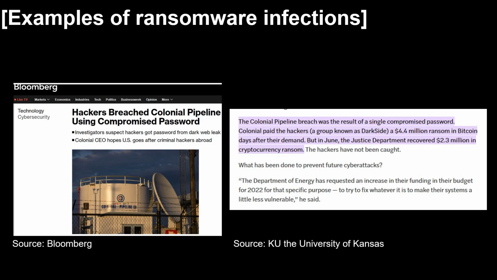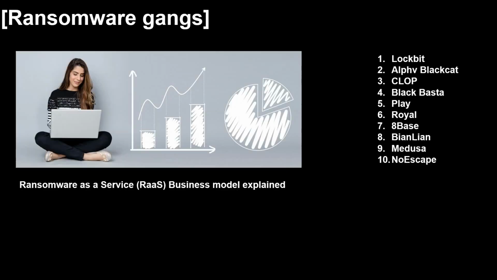So you can see that it cost a lot of money for Colonial Pipeline, either in losses for ransom maybe, but also because they couldn't give supplies to the gas stations. So that was a financial loss right there also.